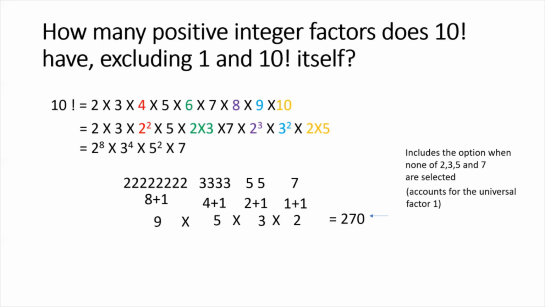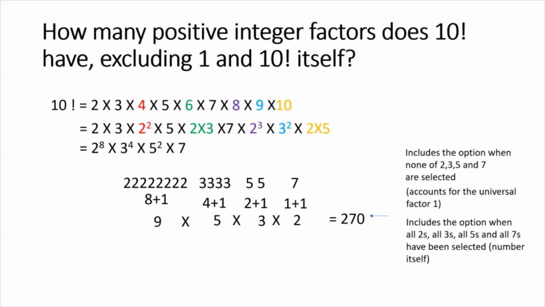And then there's the other extreme also included in this 270 number, which is the option where we have selected all the 2s, all the 3s, all the 5s, and all the 7s. So this option just includes the number itself, right?